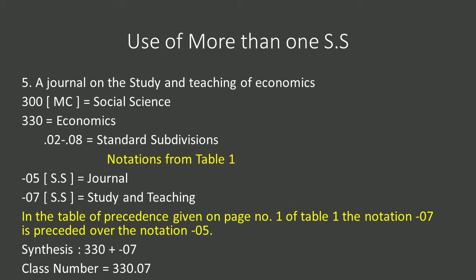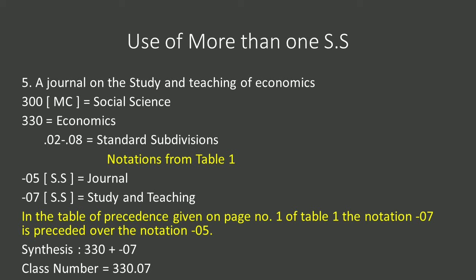So the rule will be, we have to use the 0 with 0. Here the term journal is also a term of standard subdivision, and study and teaching is also a standard subdivision.